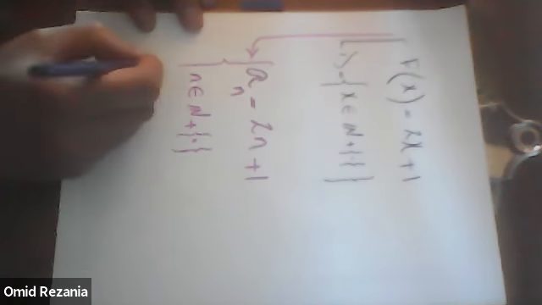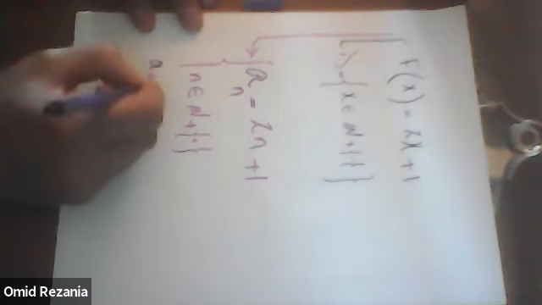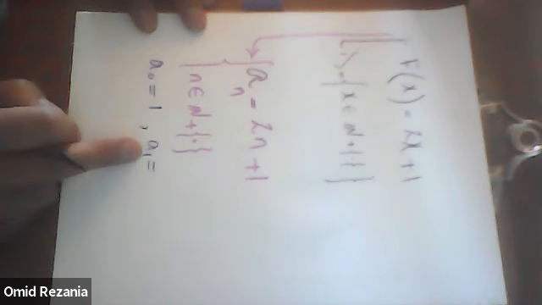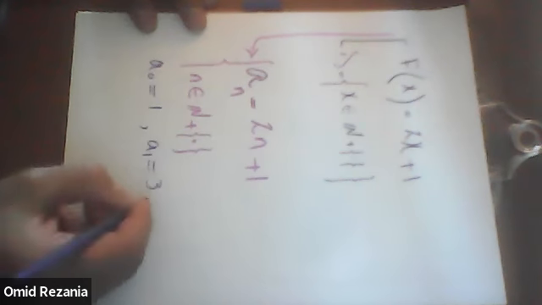For example, if I put n equal to 0, A0 becomes how much? 1. A1 means I put 1 instead of n. It becomes 2 times 1 plus 1, which is 3.